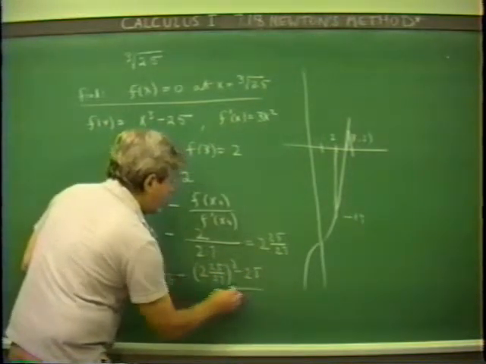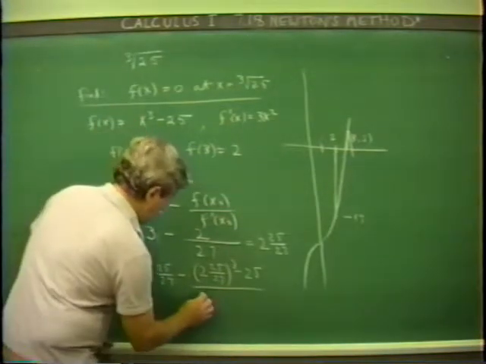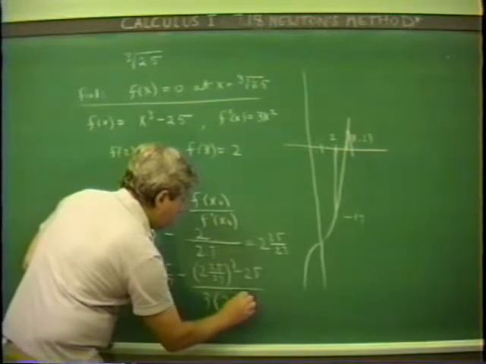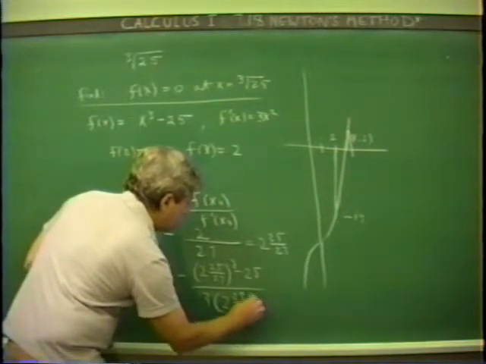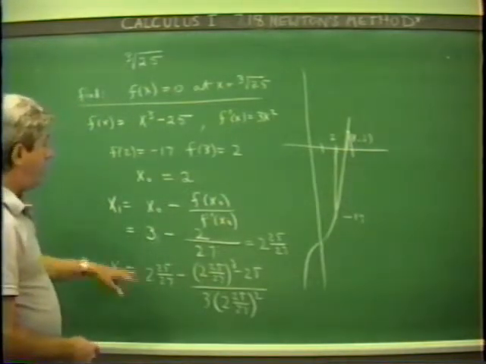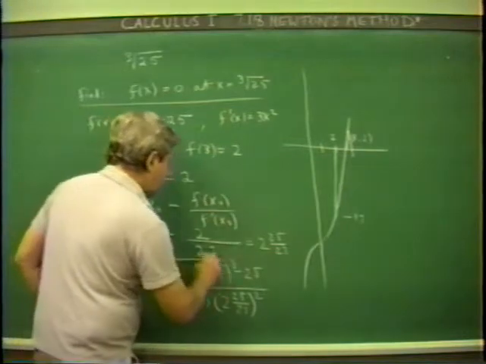That's going to be (2 and 25/27) cubed minus 25, divided by the value of the derivative at x1, which is going to be 3 times (2 and 25/27) squared.